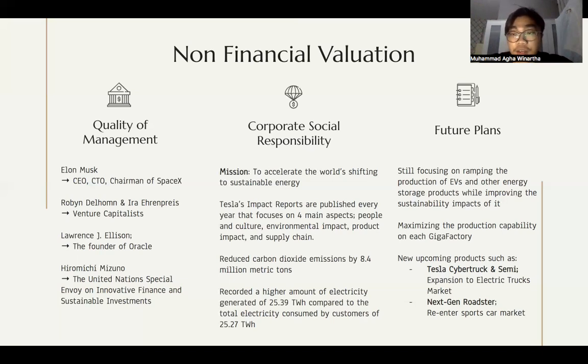We talk about future plans of Tesla. Right now, they're still focusing on ramping the production of EVs and other energy storage products while improving the sustainability impacts of it.